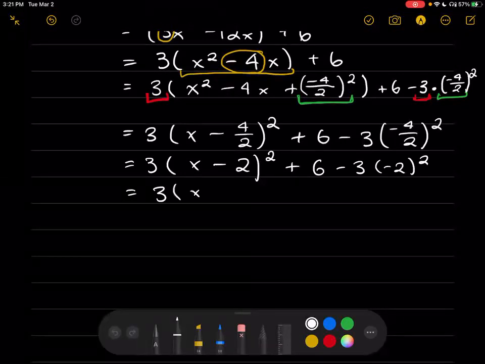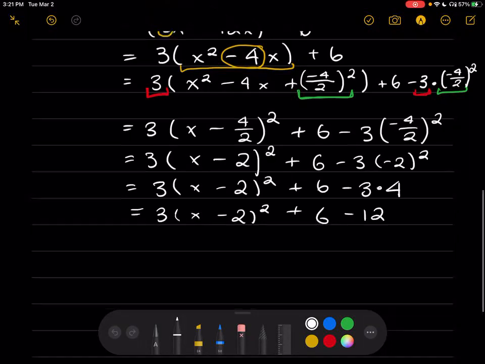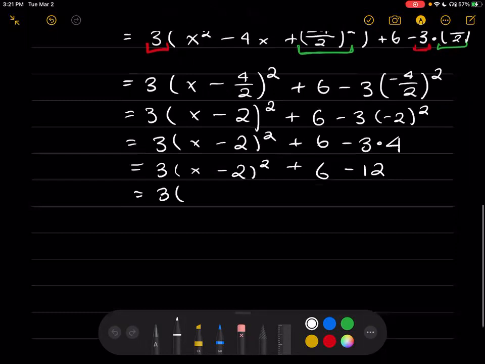We get a 3 again, same thing over here, plus 6 minus 3 times negative 2 squared. That's negative 2 times negative 2, that's going to be positive 4. And then simplifying some more, 3 times 4 is 12. So we get 6 minus 12. And then last step here, we get 3 all times x minus 2 squared minus 6.